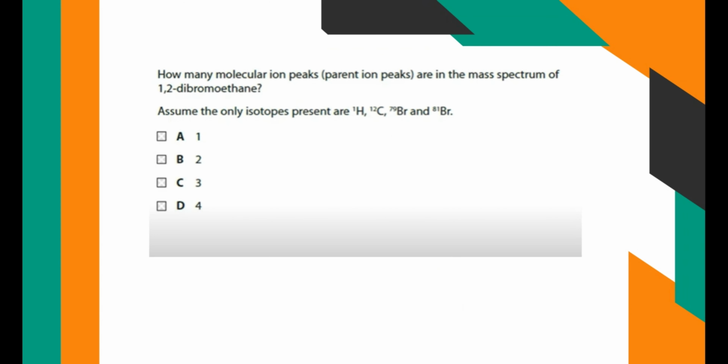How many molecular ion peaks, which means parent ion peaks, are in the mass spectrum of 1,2-dibromoethane, assuming the only isotopes present are H1, C12, Br79 and Br81? So we only have to write molecular or parent ion peaks. We have 2 bromine isotopes, so first we will draw the displayed formulas of all possible molecules.